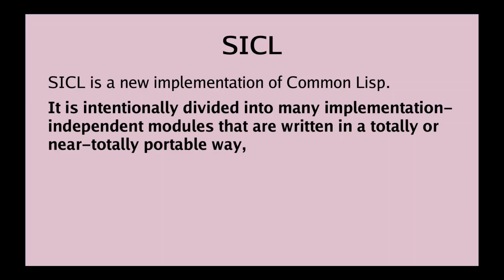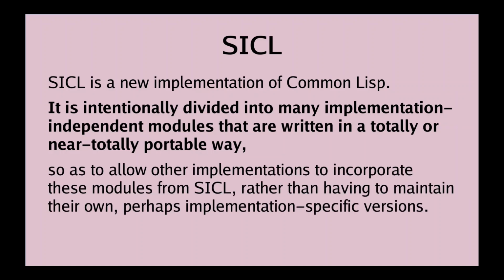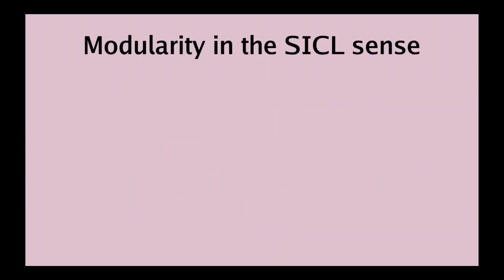It is an implementation that is modular by design, composed of many modules that are independent from one another and done in a way that is as portable as possible, portable in the Common Lisp meaning of the word, just so these modules can be stolen away and used independently or integrated into other implementations or their users in any way they want to. There is the main repository, but this is not what I want to talk about here. It is just an entry point for the slides themselves.